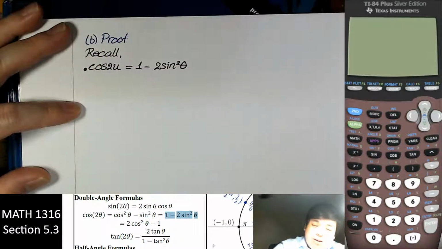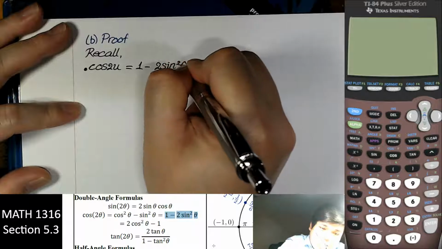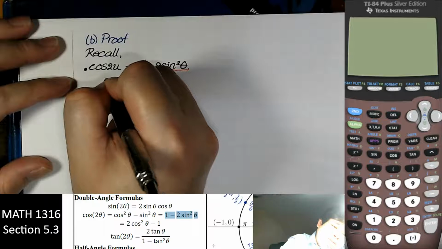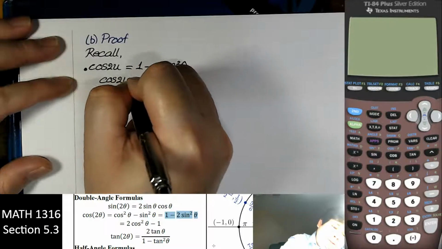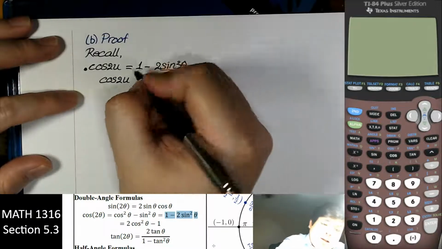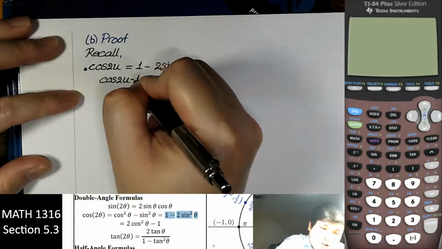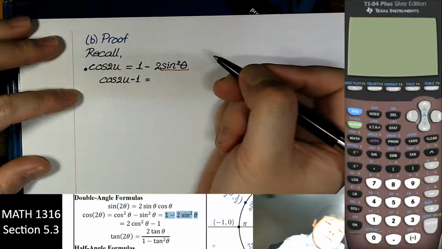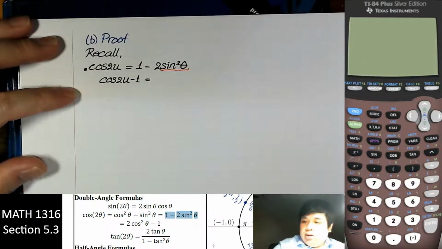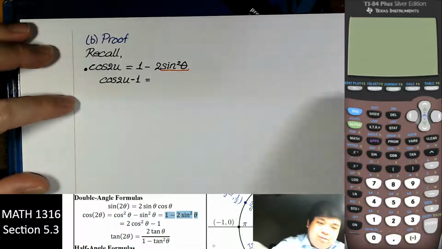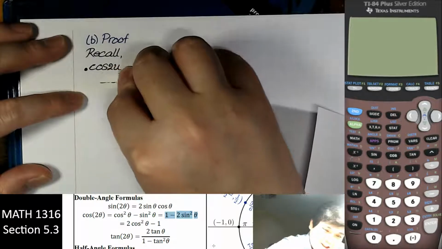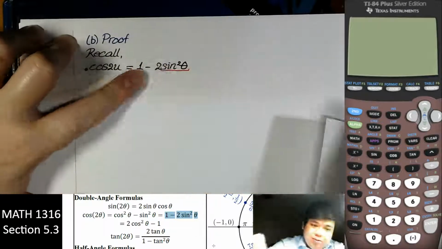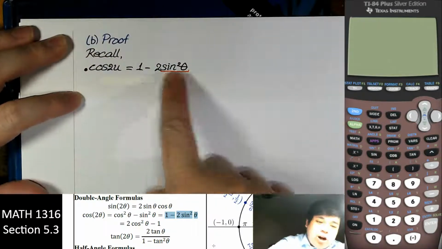And if we go after the sine theta, we're trying to solve for it, what we do is we're going to plus 1 on both sides. I mean minus 1 on both sides. Or better yet, sorry, we solve for sine square.